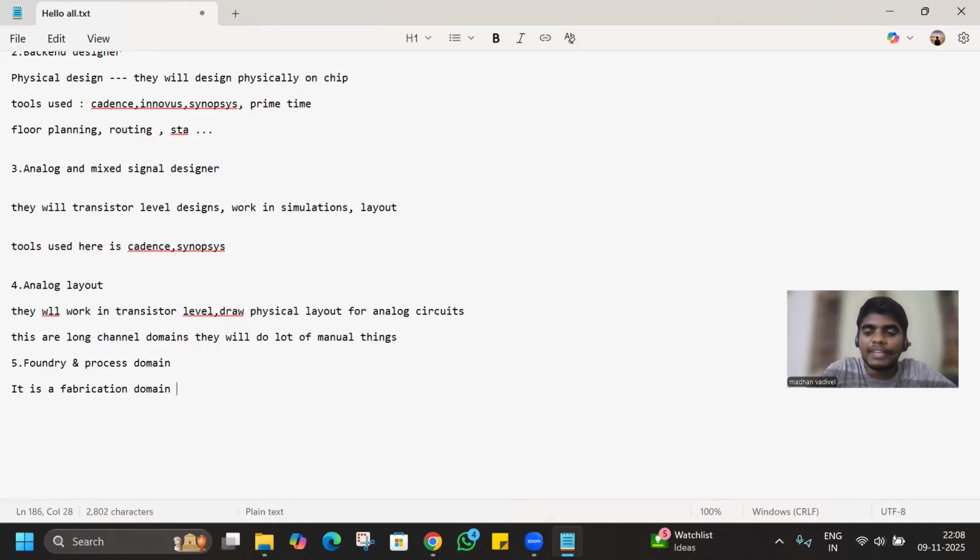In that, they will manufacture the chip based on the physical design they receive. They will fabricate chips, and the tools used are process simulation tools.